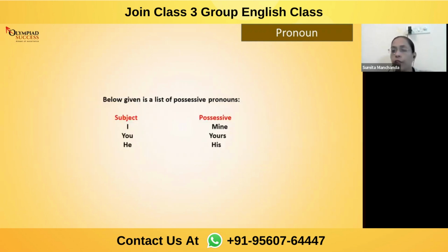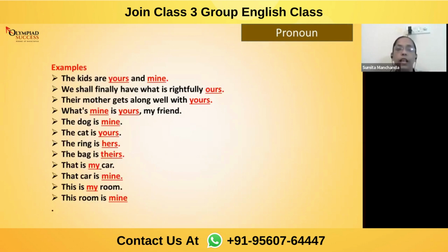Now, there are a few more examples. If the subject is I, the possessive pronoun word is mine. If the subject is you, it is yours. If the subject is he, it is his. Now, look here: the kids are yours and mine.